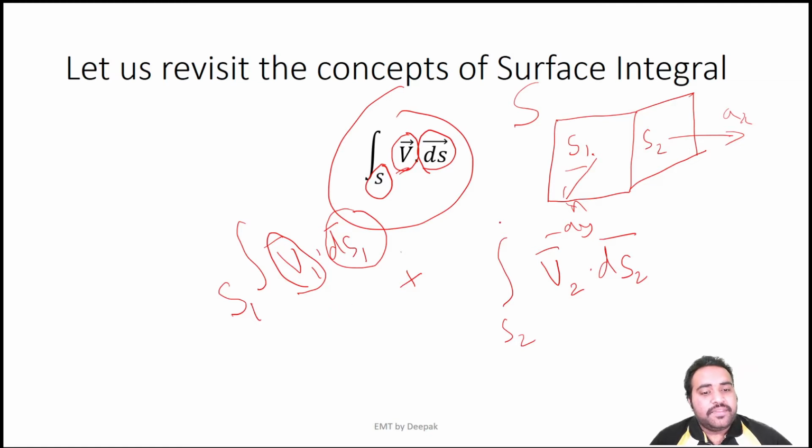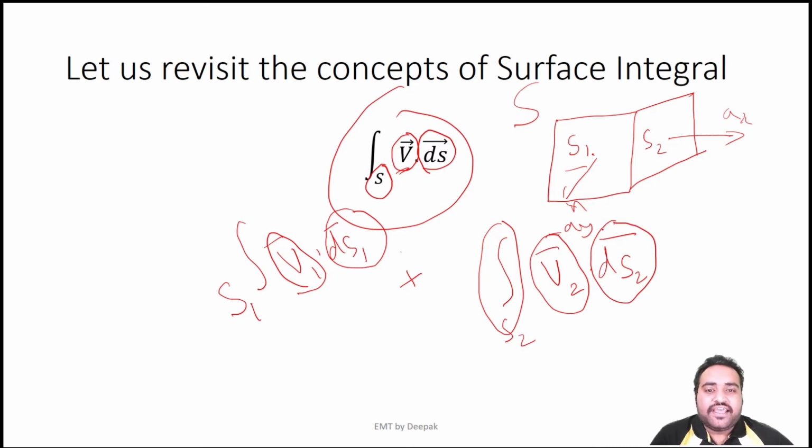This is again the same. I am integrating over the second surface, and the vector field will change, as a vector field by definition is a vector whose direction and magnitude change with space. Again, ds2 bar is the normal to the second surface at a given point.